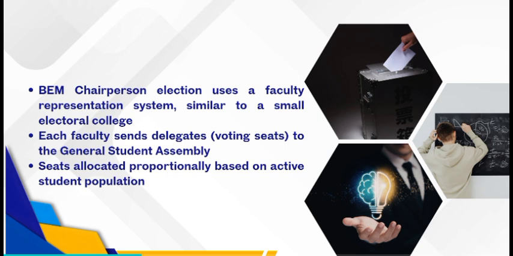So, each faculty sends a certain number of representatives, which we call delegate seats, to something called the General Study Assembly, and the seats aren't handed out equally. They're given out based on how many active students each faculty has.